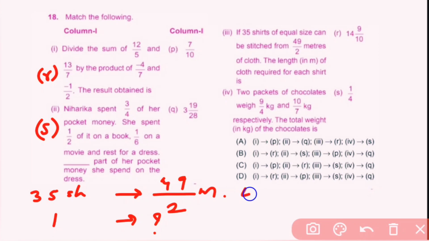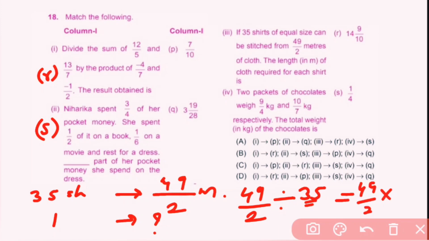So here we need to divide 49 by 2 by 35. So we take the reciprocal of 35. Here 7 5s are 35 and 7 7s are 49. So 7 by 10. 7 by 10 meter is required for one shirt. So for 3, P is the correct answer.